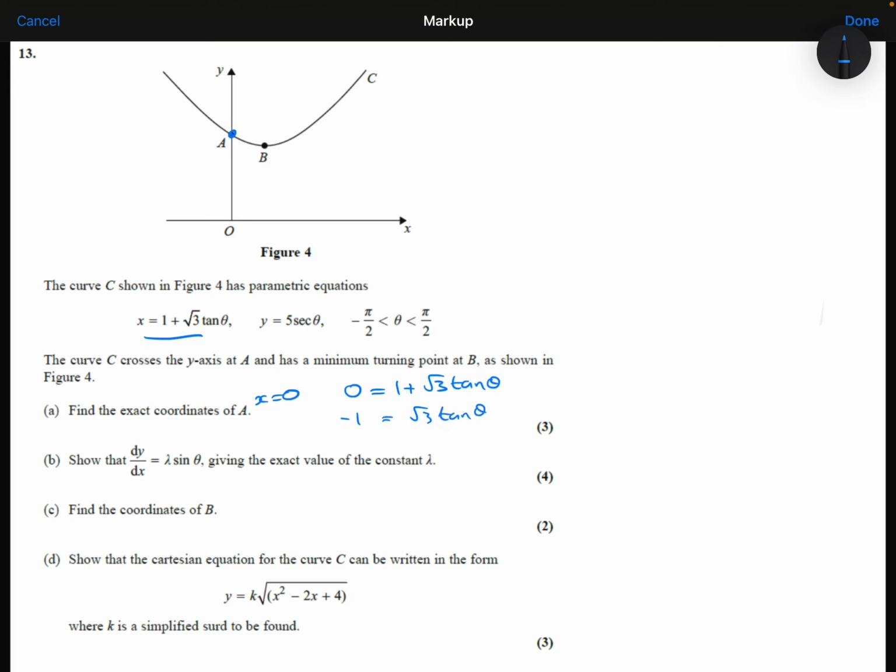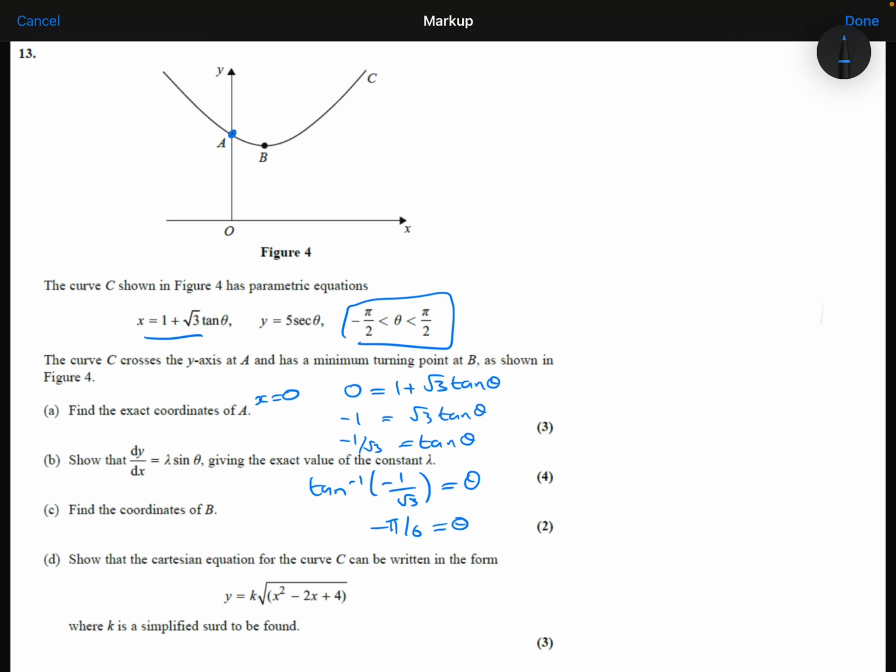Divide both sides by root 3. And if I do tan inverse of the minus 1 over root 3, I get minus pi over 6, which is in the range of thetas allowed, so that's fine. That is my value of theta.